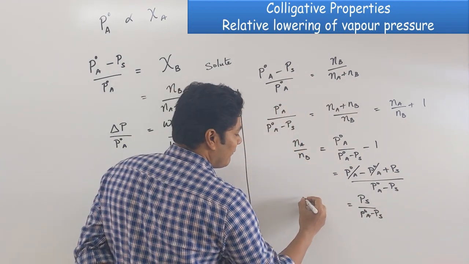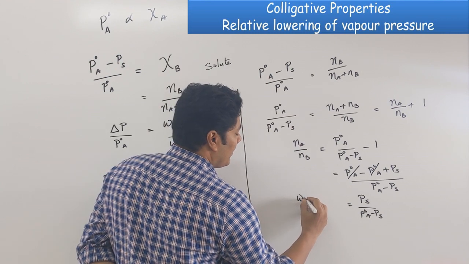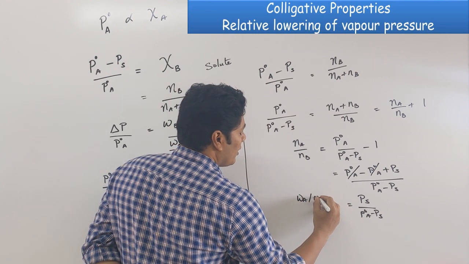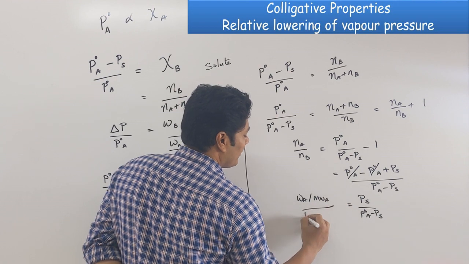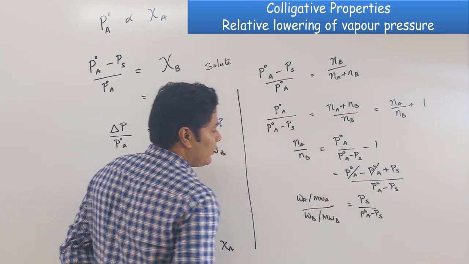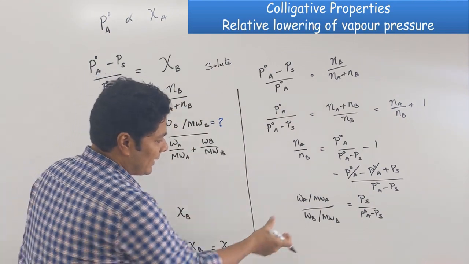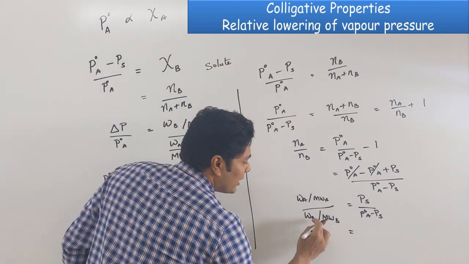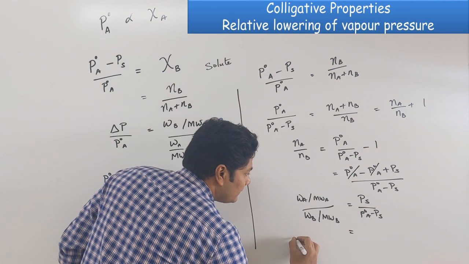And over here I have mass of A divided by molar mass of A, divided by mass of B divided by molar mass of B. Now if this is my unknown, I can actually rearrange this if you want. Denominator of denominator goes to the numerator.